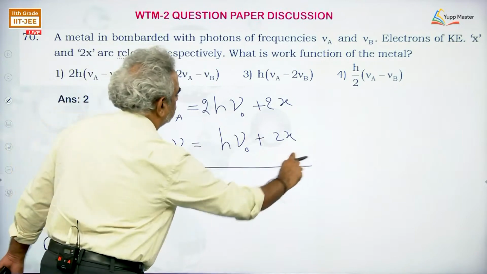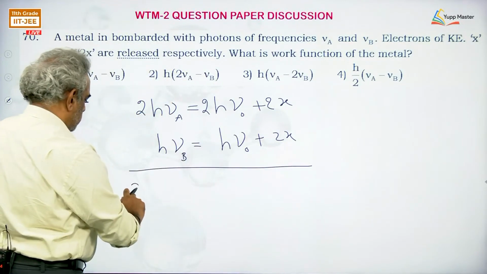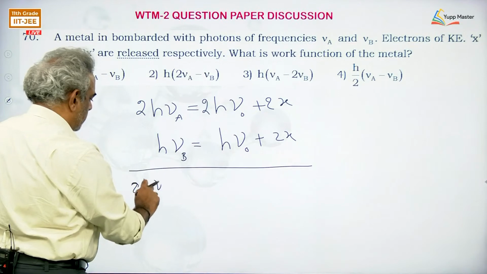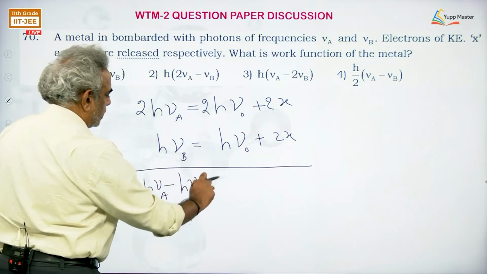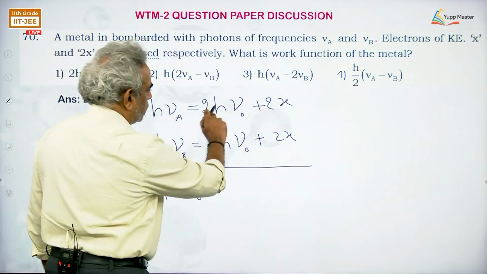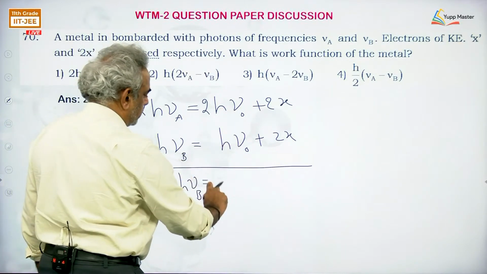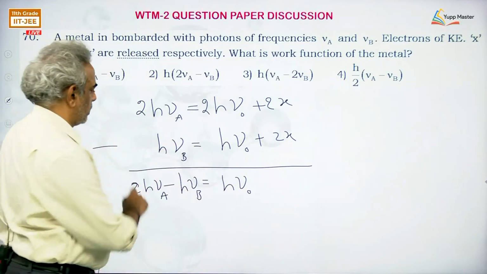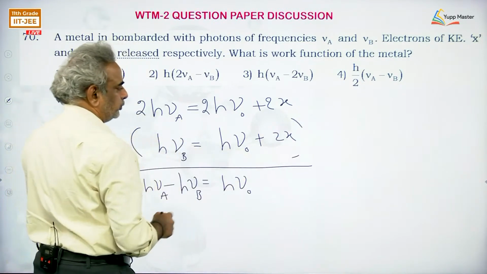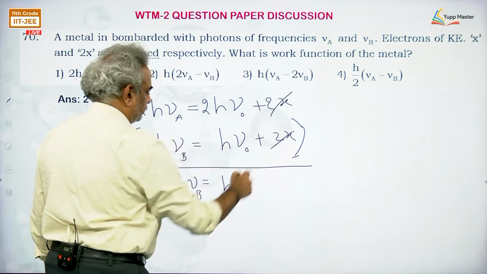Now subtract: 2h nu A minus h nu B is equal to 2h nu naught minus h nu naught, so h nu naught is left. I am subtracting this, so the x gets cancelled.